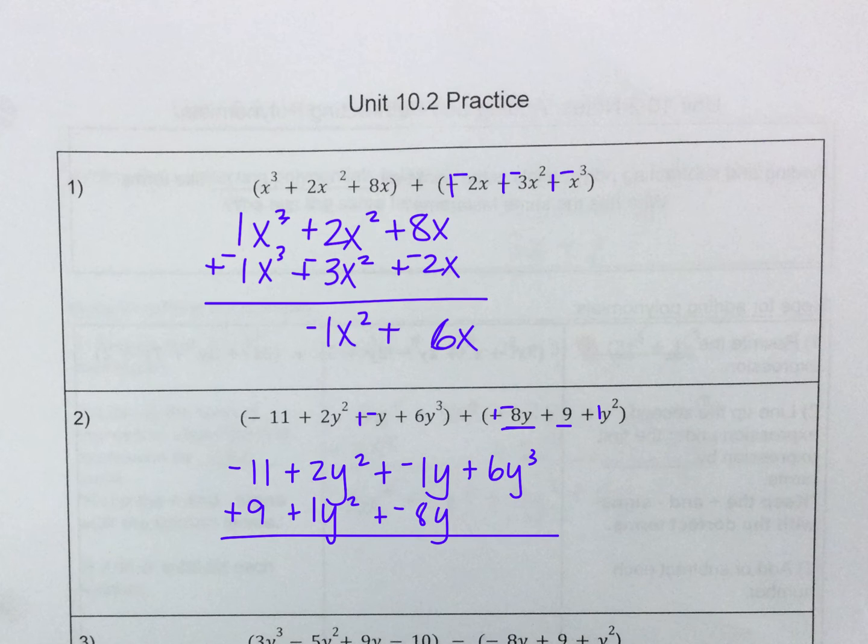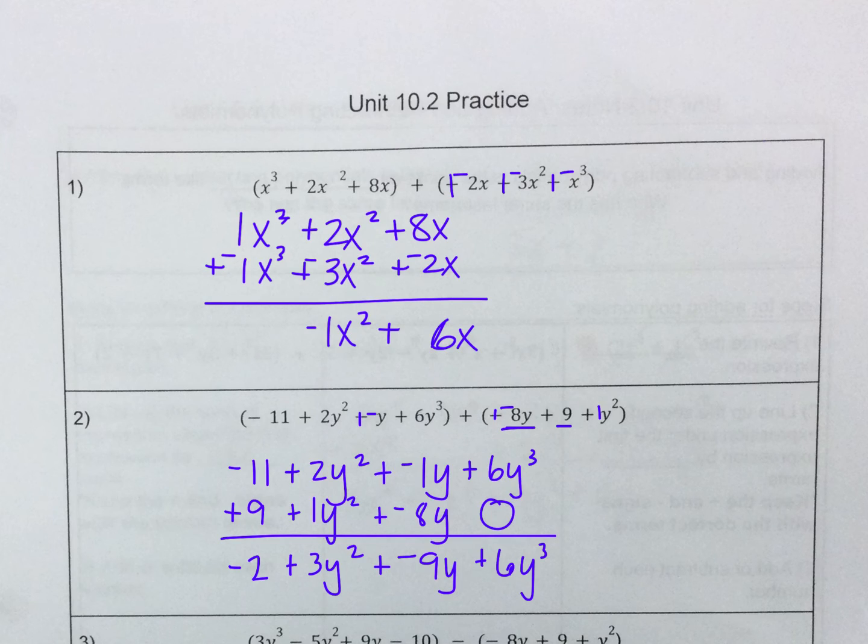All right, negative 11 plus 9, negative 2. 2 plus 1 is plus 3y squared. Negative 1 plus negative 8 is negative 9y. And then there's nothing right here, so we just bring down the 6y cubed. This is technically correct, but in Happy Math Land, I need you to write it in the order from greatest to least.